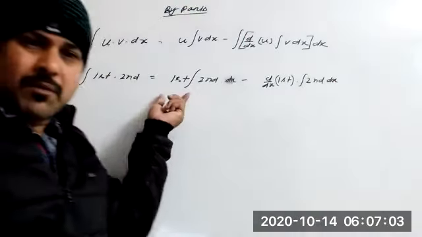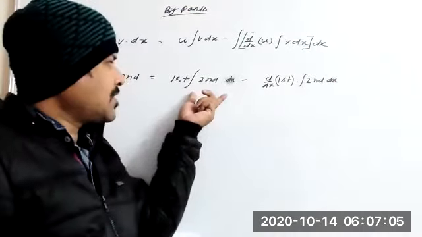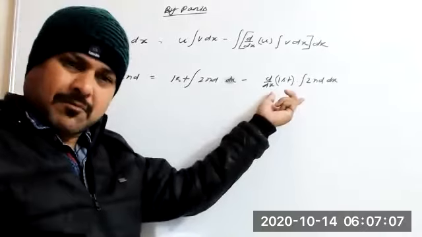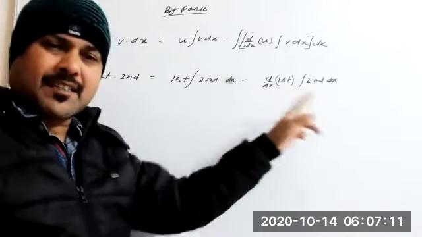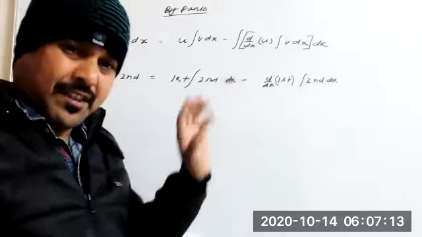It is called first function multiplied by second function. It is first function derivative multiplied by integration of second function. This is the difference.